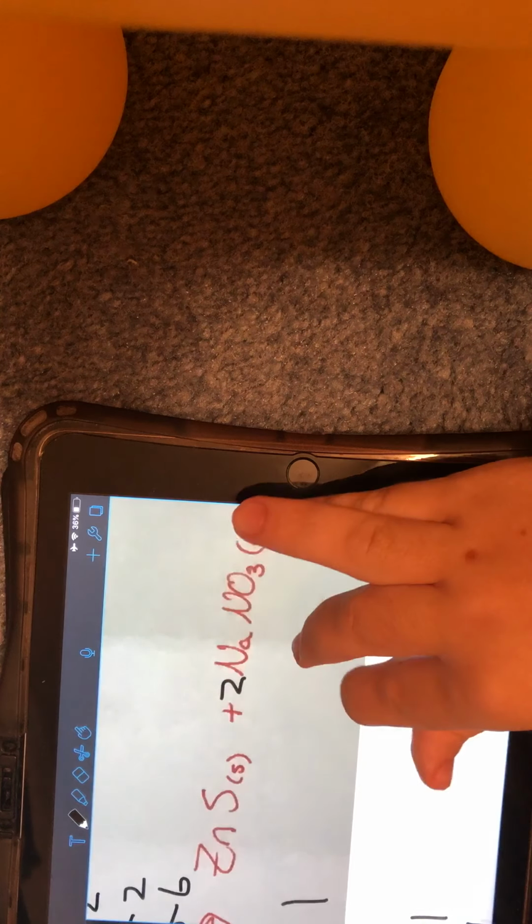Now, Na, we have 1 here, and we have NO3, which is 1 and 3, and we have 1 Zn and 1 S. So immediately when you look at this, you just have to change the product side, NaNO3. You just want to change that to a 2, and that'll balance out the Na, the N, and the O.